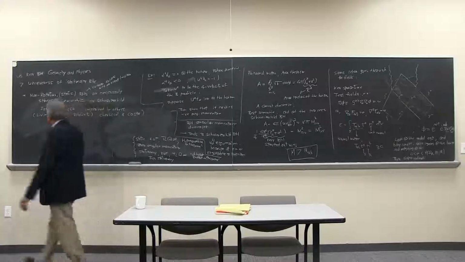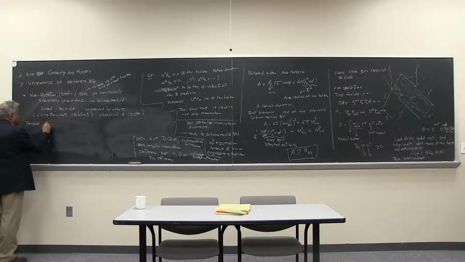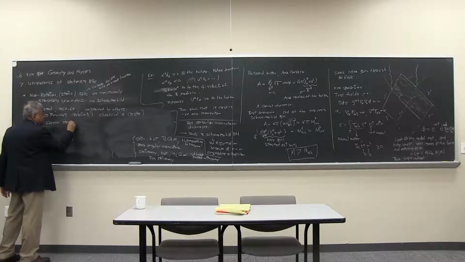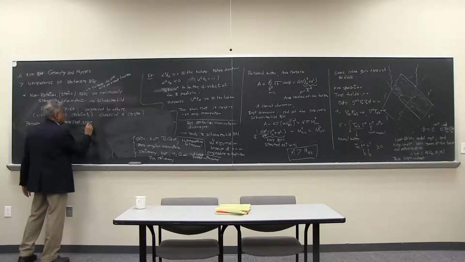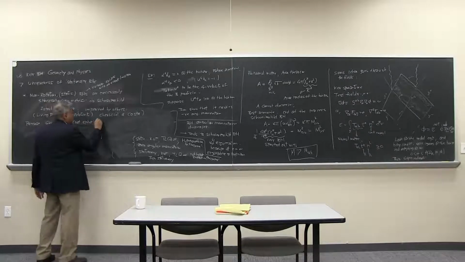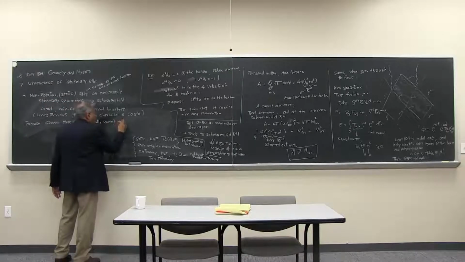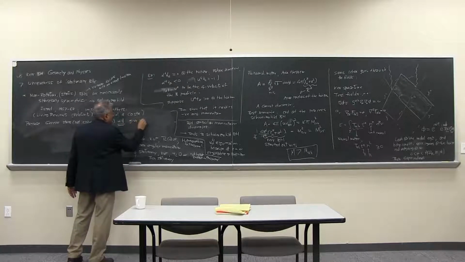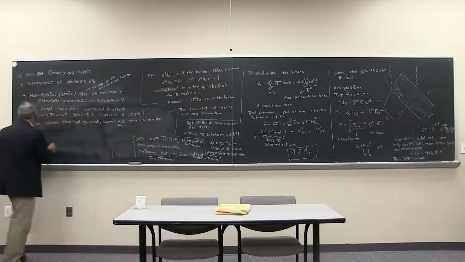So Penrose's idea would be that generic collapse of generic stars, which are not spherically symmetric, will give rise to a black hole upon collapse.